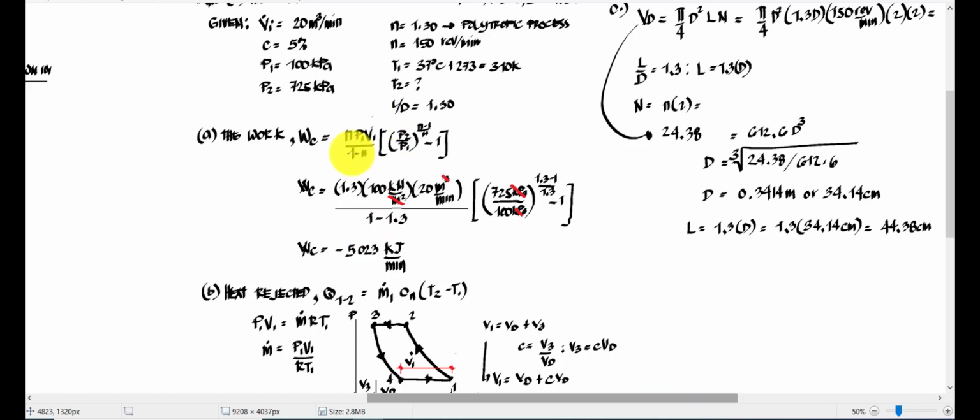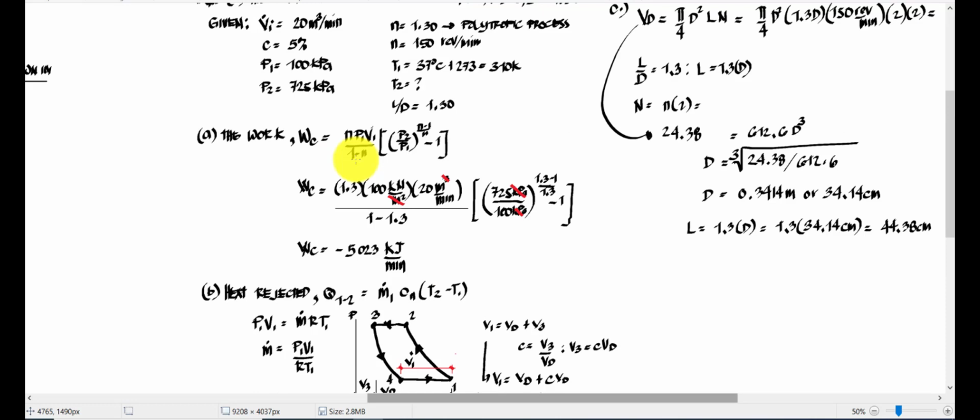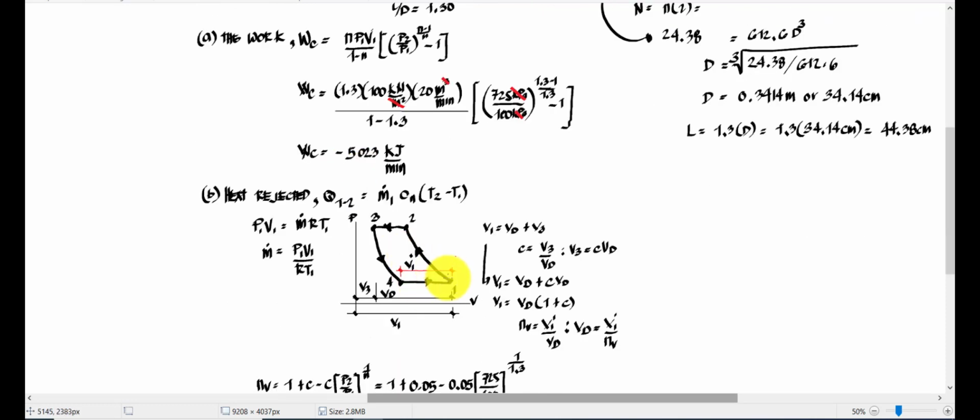So the work is already expressed in negative since we supply the work on the system. And you will notice the values here are also given in the problem, so we can easily compute. Now for the heat rejected, that will be from point 1, starting from here going there. So that will be the polytropic compression. So we have the mass flow rate times Cn, and we have the change in temperature.